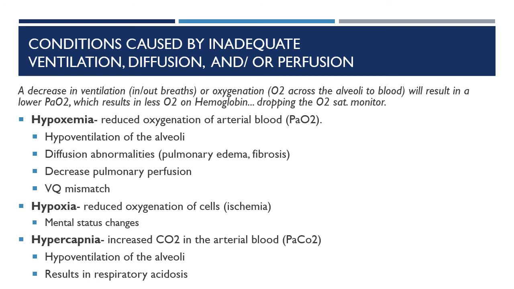What about decreased pulmonary perfusion, such as a pulmonary embolus? You have oxygen going to all the alveoli, but blood is now blocked from going to a part of the lung. So the blood supply is going to go to other parts of the lung, but it's never going to see the oxygen from the portion that's blocked.